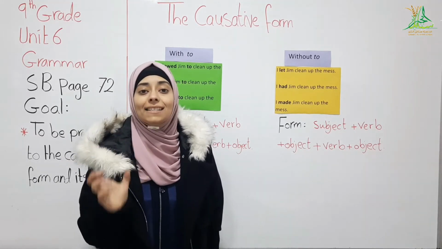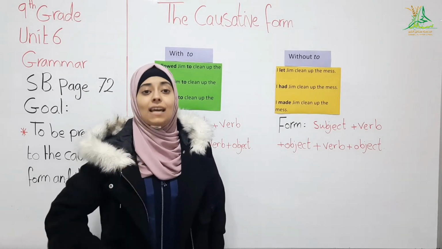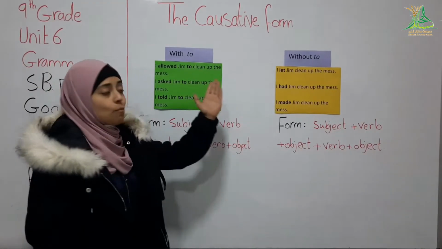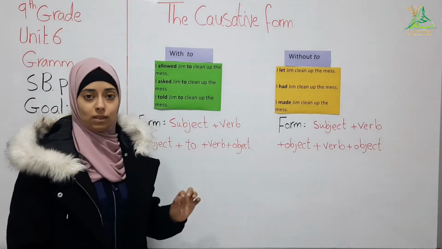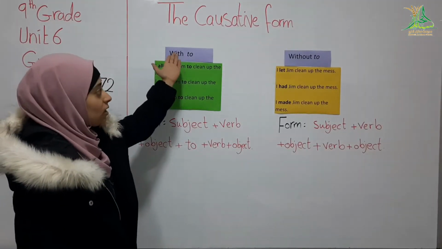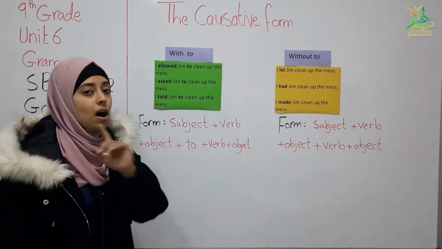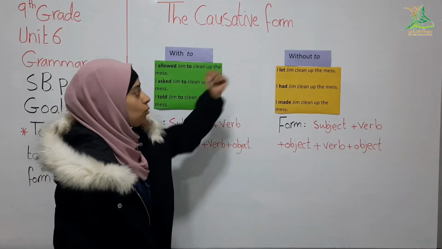Or he had his house painted, we use the verb had. Here we have more verbs that we can use in the causative form, but some of them are used with to and some of them are used without to.